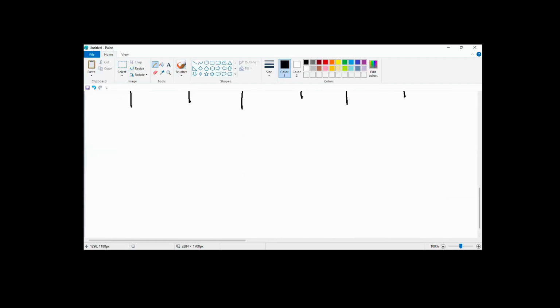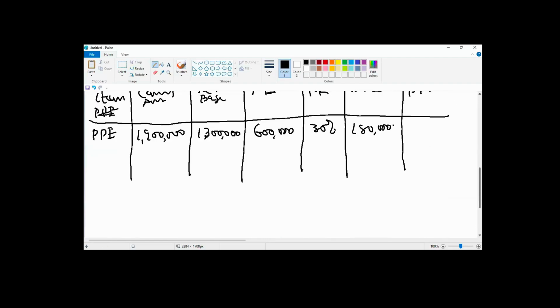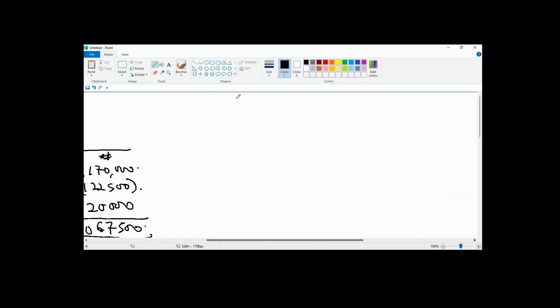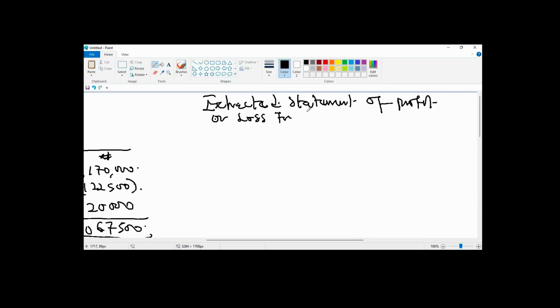Let me put it beside. Extracted statement of profit or loss for the year ended 2020.